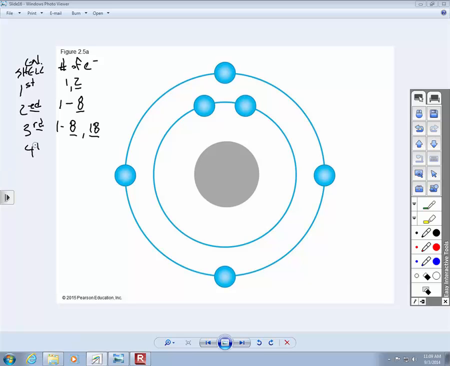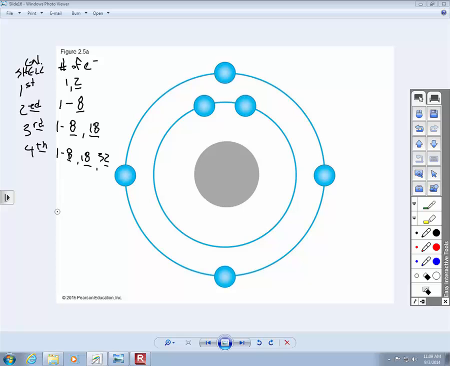Fourth energy shell, there are actually 3 stable states there. It can hold 1 to 8. It can hold 18. It can hold 32. But the 8, the 18, and the 32 are all filled energy shells. But you would have to have a tremendous number of electrons in order to fill up the fourth energy shell with 32 electrons. So you'd have to fill the first with 2, the second with 8, let's say the third with 8, and the fourth with 32.